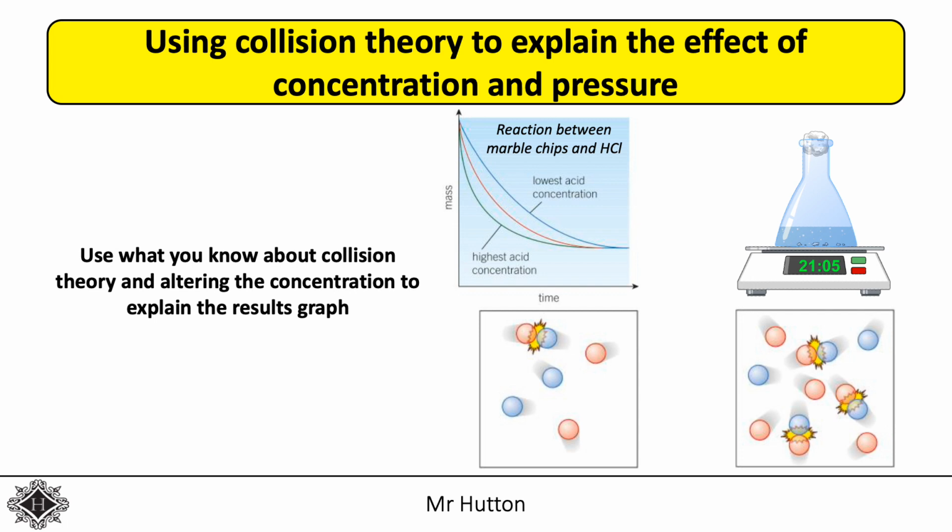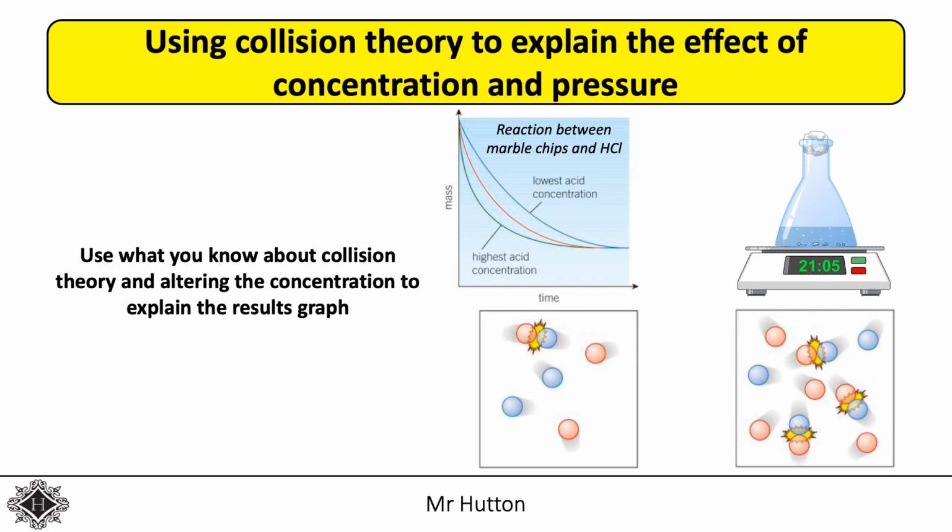So we're going to use our collision theory now to explain the effect of concentration and pressure. So we've got some diagrams here. There's one with a graph that's the reaction between marble chips and hydrochloric acid, and we've got different concentrations of hydrochloric acid. So what we've done with this reaction, we've got the marble chips in a conical flask, and we've got it on a mass balance.